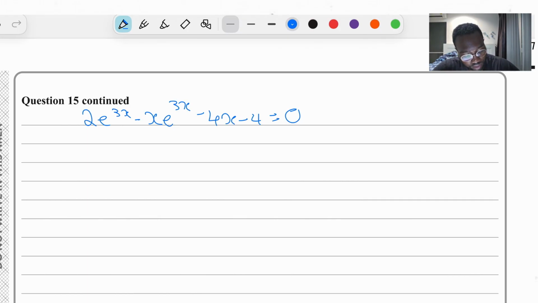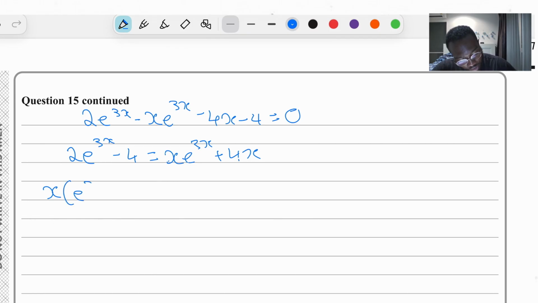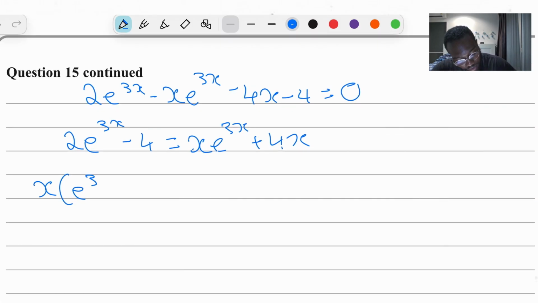So effectively, that'll be 2e to the 3x minus 4, and that's equal to x e to the 3x plus 4x. Therefore, if we take out the factor of x, we get e to the 3x plus 4, and that is equal to 2e to the 3x minus 4.